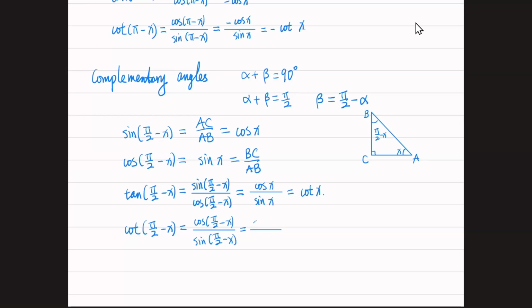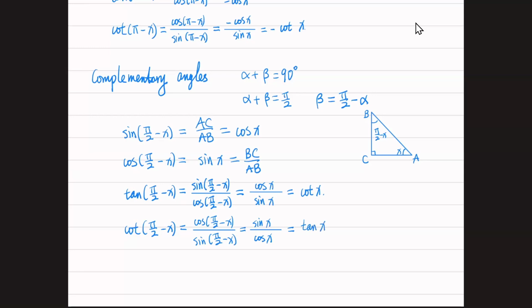Sine x over cos x, which is, use the trigonometric function. I forgot it. So sine over cosine, okay, now you know. Tangent. Yeah.